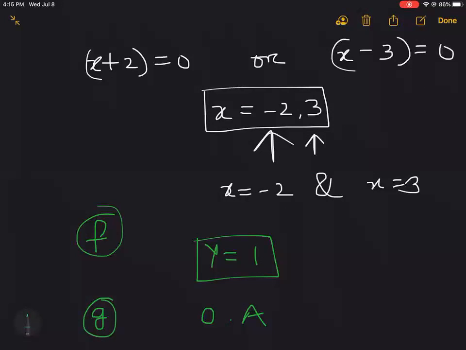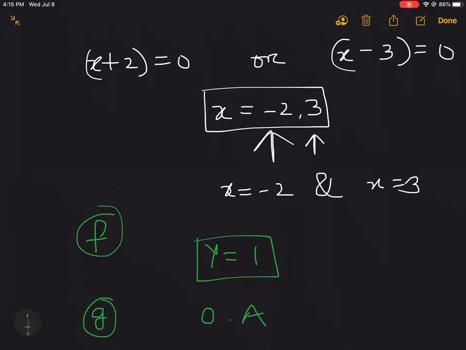Daniel, why do you think there is no oblique asymptote? Just give it a try. Anyone else?